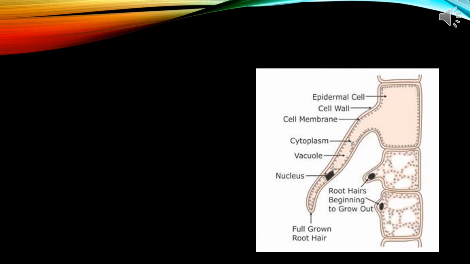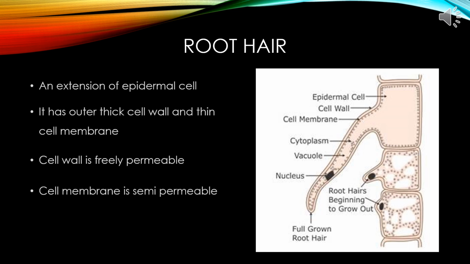Look at the diagram given here. It is the highly magnified view of a root hair. In this diagram, you can see a layer of cells one by one. There are 3 or 4 cells arranged in a single layer. Here, these cells have some outgrowths. These outgrowths are the root hair. So, root hair is an extension or the outgrowth of the epidermal cells.